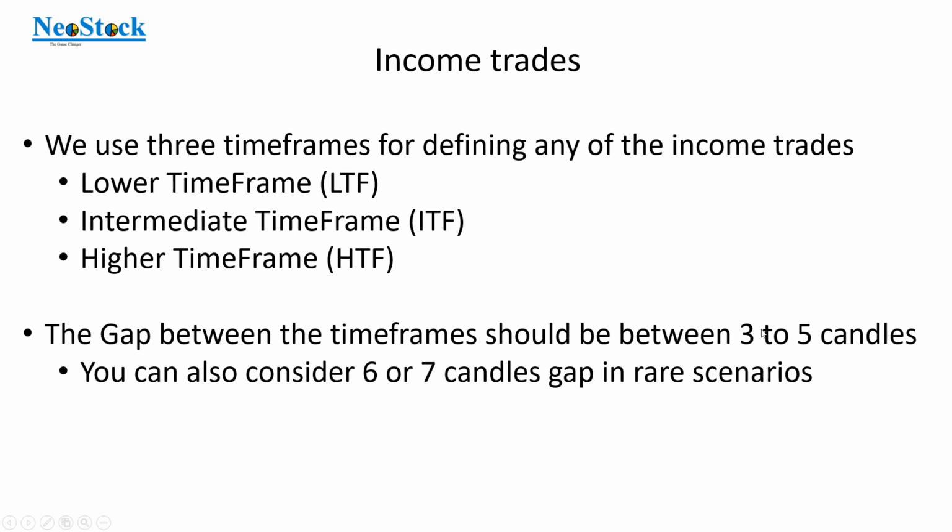Earlier you learned 3 to 5 candles gap should be there between any 2 time frames. Now what you are learning, in some special or rare scenarios, not every scenario, please remember this. In a rare scenario, you can't complete a time frame with 5 candles. Maybe in that situation, you can consider even 6 or 7 candles. Why this exception? I will explain once we get into this crypto related time frame understanding.